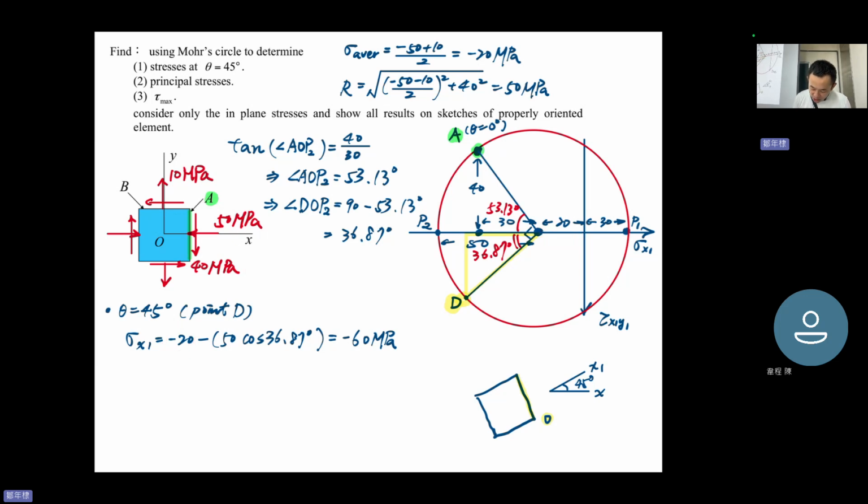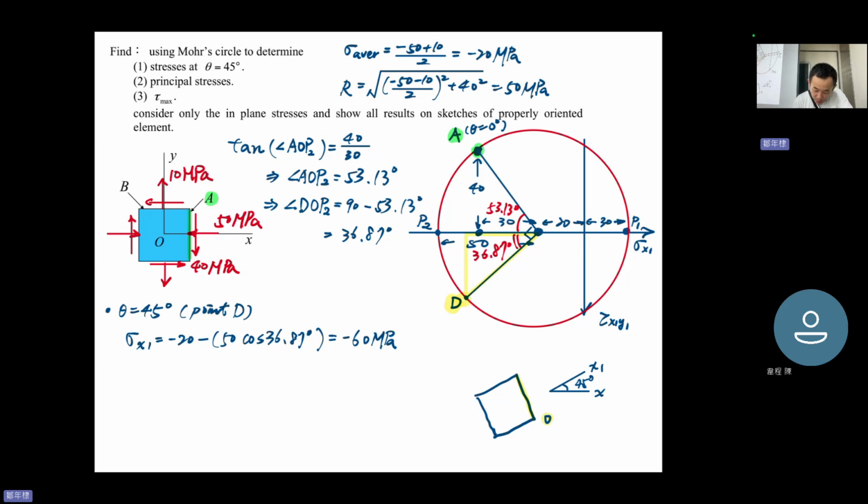And 50 times cosine 36.87. So you can get this height, and this height is the total length of this x coordinate.